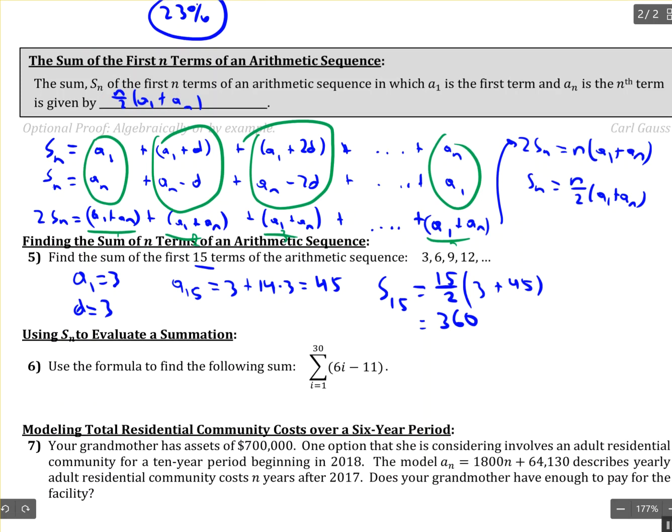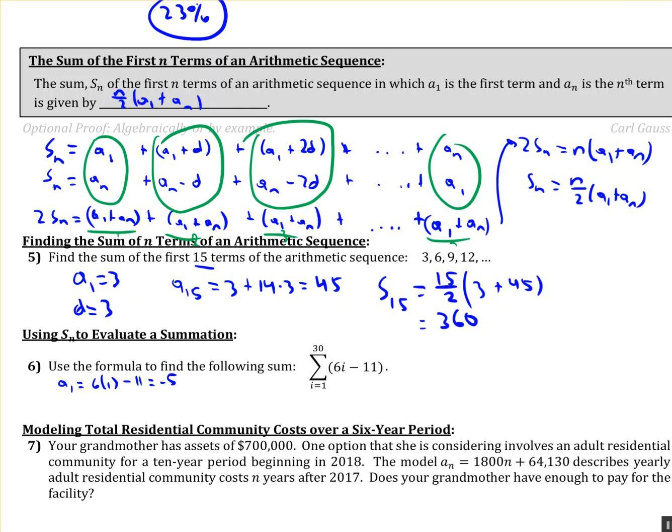So looking at this, use the formula to find the following sum. Again, I did show you in the last video how to use your calculator for this, but we can do this again. I can do it faster than you could pull out your calculator and plug it all in. So if we want to look at it, A1 is going to equal, plug in 1, I get 6 times 1 minus 11. I get negative 5.